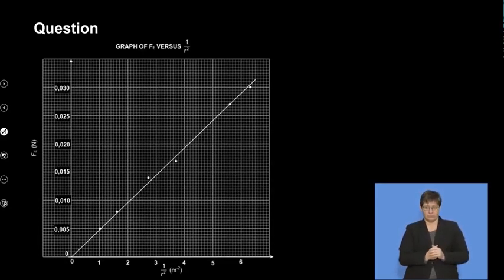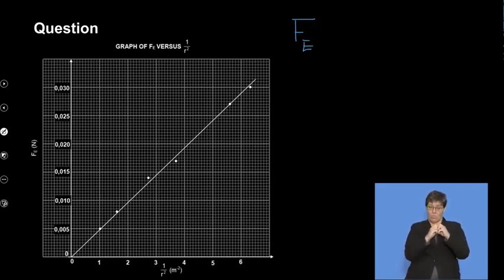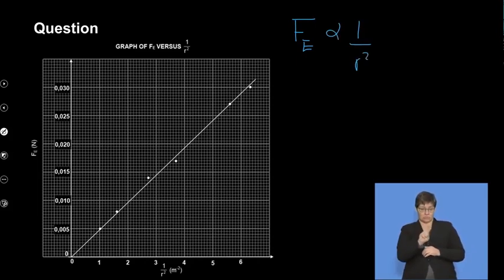Okay, so this is the graph that was obtained. Take note, this is the reciprocal of the square of the distance versus the electrostatic force. So what do we know? We know that the electrostatic force of attraction or repulsion is inversely proportional to the square of the distance between the charges.